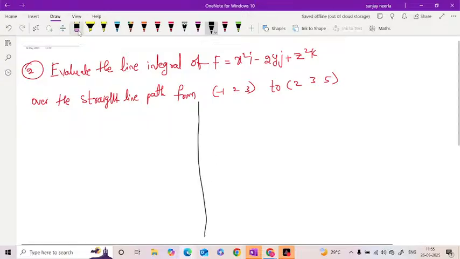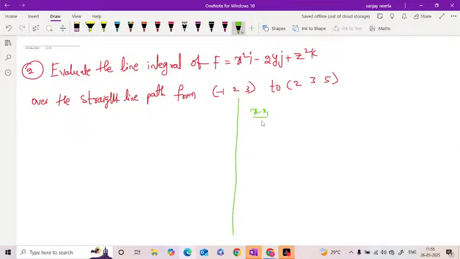(x - x1)/(x2 - x1). Very good. (y - y1)/(y2 - y1), and (z - z1)/(z2 - z1), very good.